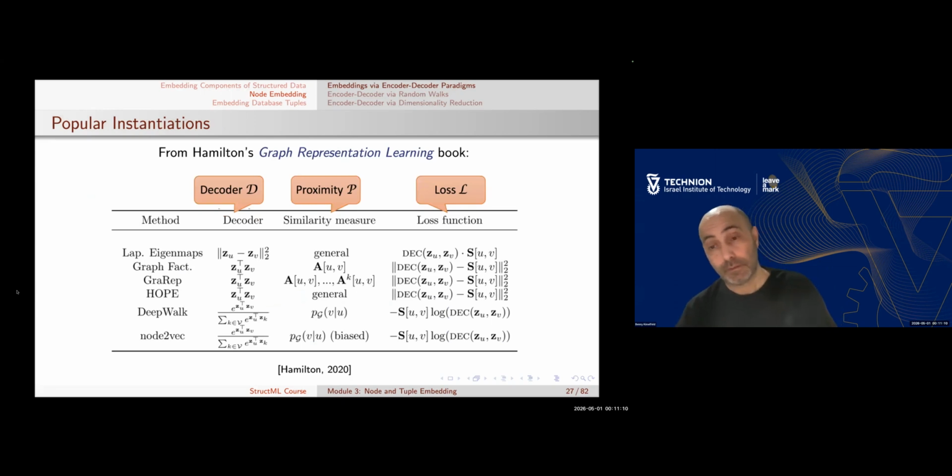Okay, now this is basically a template, right?